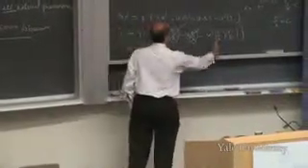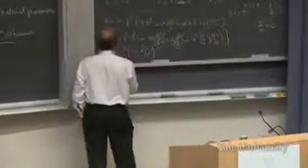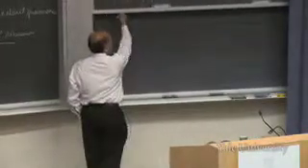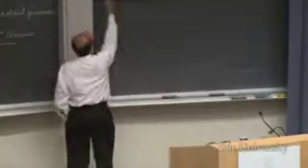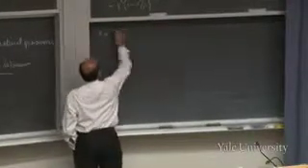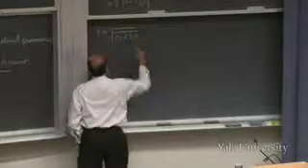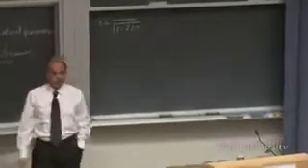Because this t over x is a 1 over c and t prime over x prime is another 1 over c. So that gives us the result that gamma is 1 over square root of 1 minus u squared over c squared.